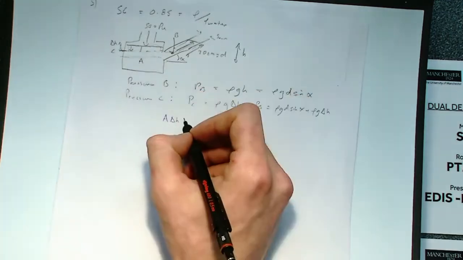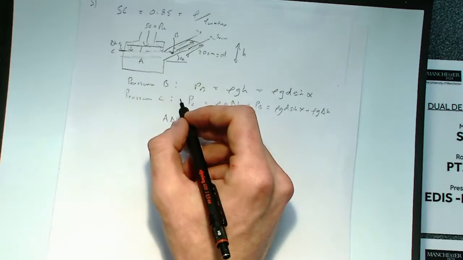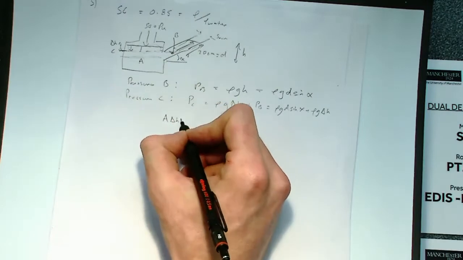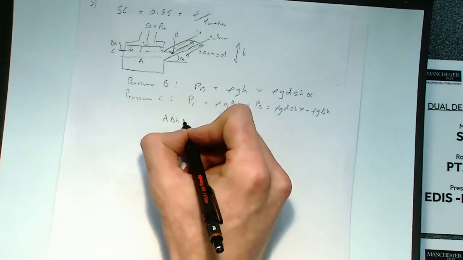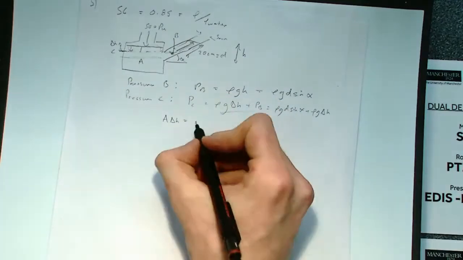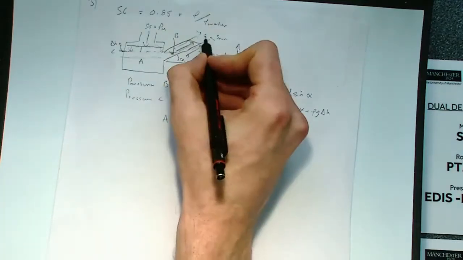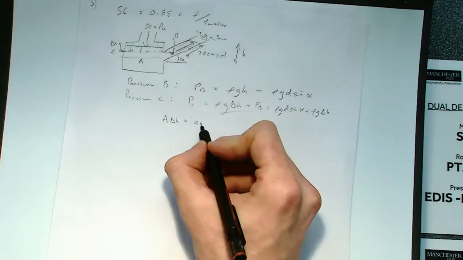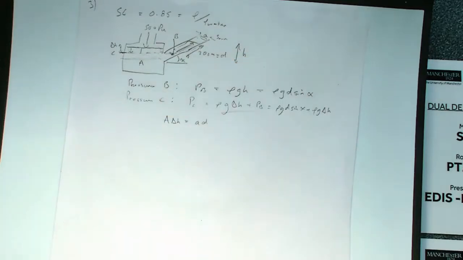The area of this manometer times the H gives us the volume of the displaced fluid, and that's equal to the tube's area, which is just simply A, times D, the amount it's moved. If you've got a slanted cylinder and you just bend it, it would be the same, so it doesn't matter that it's angled. The area times D still works to get the volume.